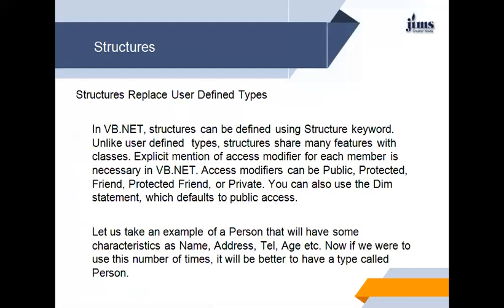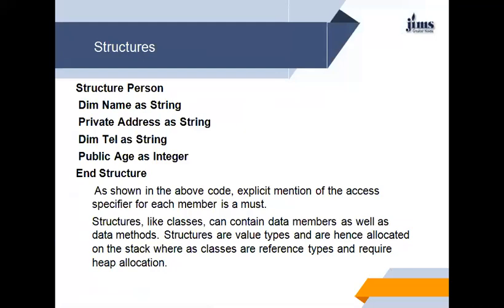Let us take an example of a person that will have some characteristics such as name, address, telephone, age, etc. Now, if we were to use this a number of times, it will be better to have a type called Person. So here we are defining a structure Person.